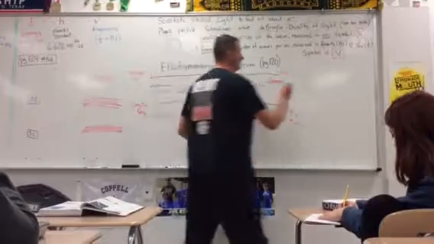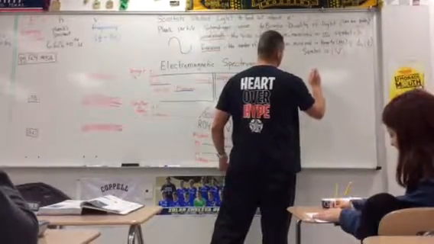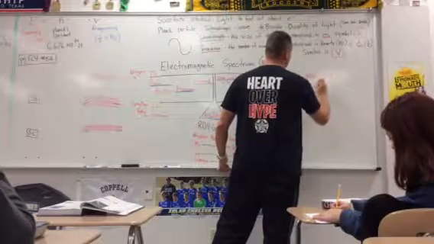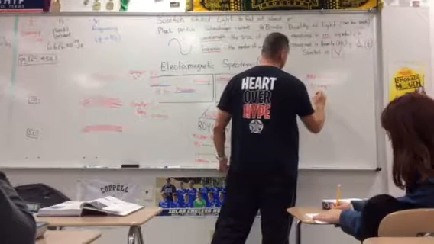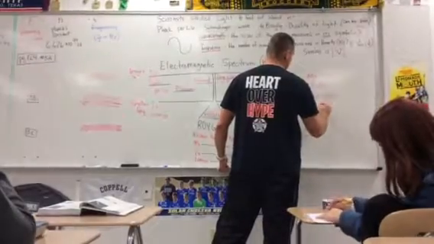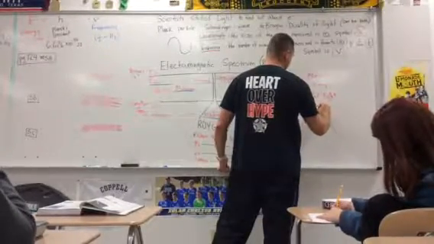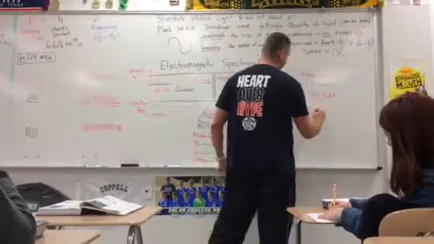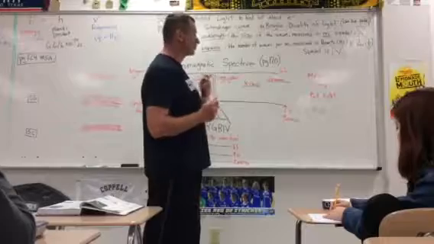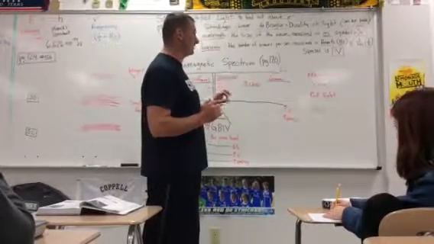So let's say I give you microwaves, X-rays, red light, and ultraviolet, UV rays. Put those in order of shortest wavelength to longest wavelength.